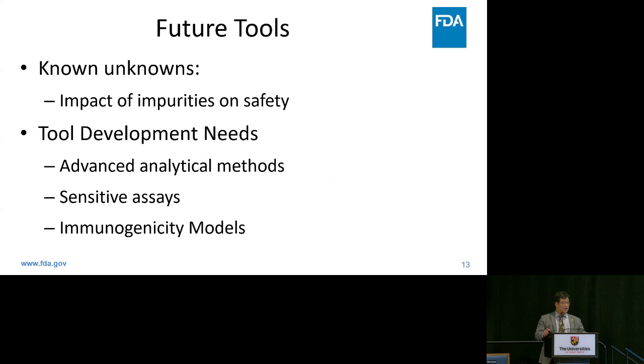Tool development needs. We have advanced analytical methods, sensitivity assays, and immunogenicity models. We can see that these can continue to be advanced, and industry and agency, we're investing into these so we can learn more.